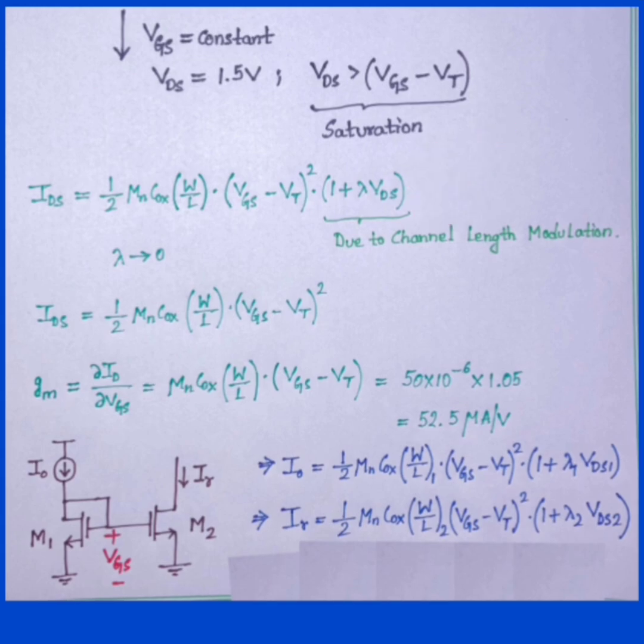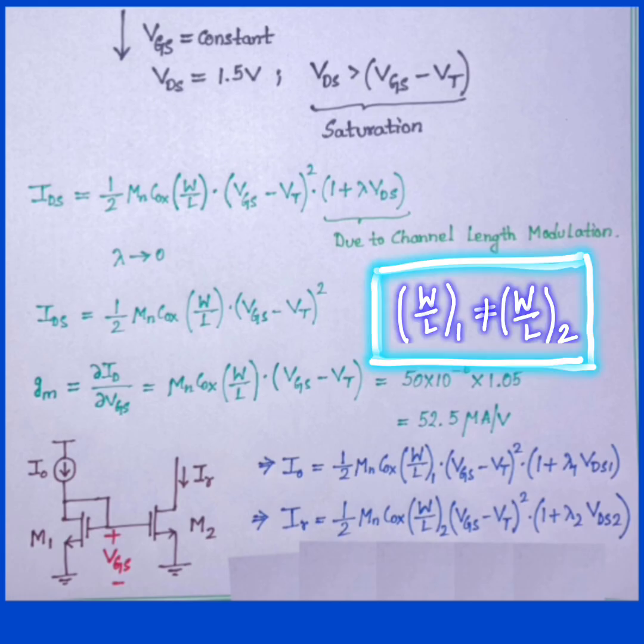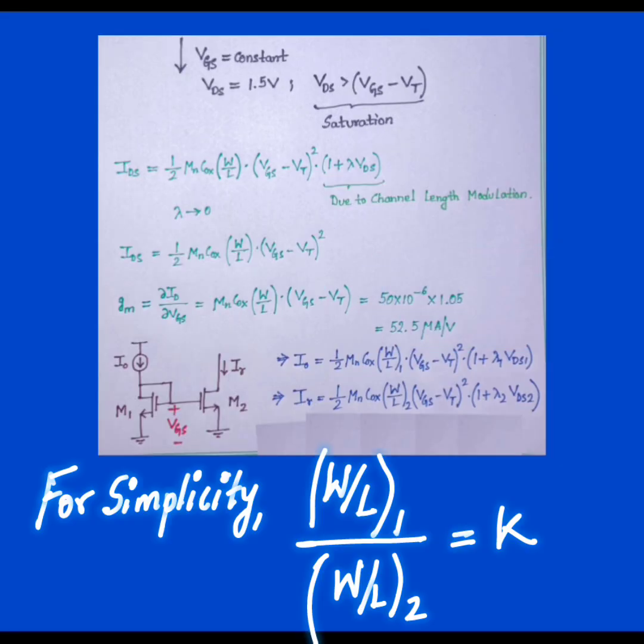Suppose there is a current I naught flowing through transistor M1, and there is another MOSFET, M2, but the VGS are the same, lambda for both transistors is the same, the threshold voltage VT is also the same, and the product mu n Cox is also the same. The only difference is that the W by L ratio is different for M1 and M2. For simplicity, I am keeping the ratio of W by L1 divided by W by L2 equal to K.